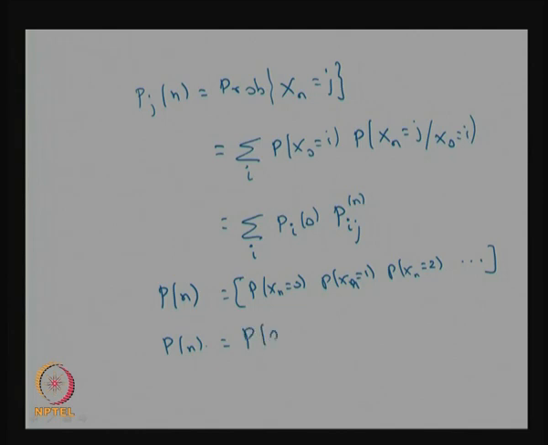It is going to be p of 0, that is also a vector, the initial probability vector, multiplied by P of within bracket n, that is the n step transition probability matrix, but the n step transition probability matrix is nothing but P power n. Therefore, this is same as p of 0 into P power n.